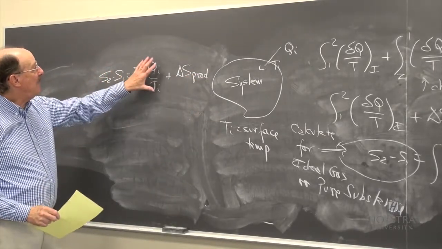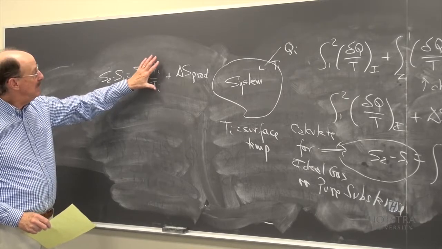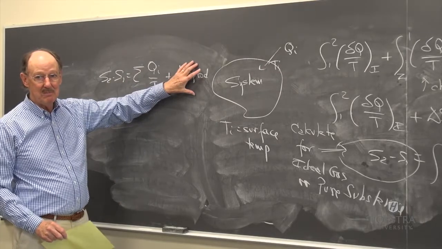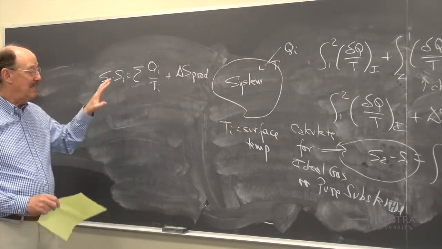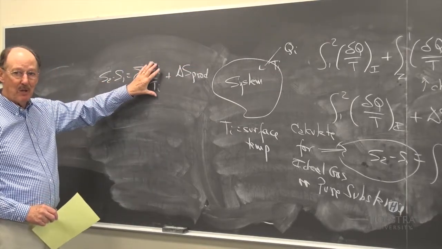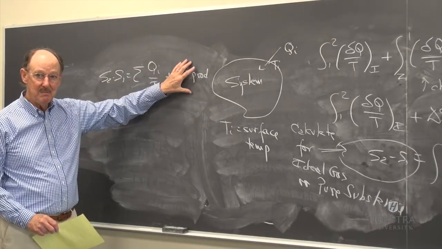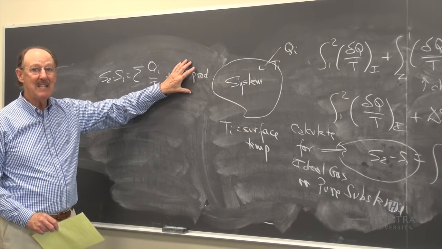So if I don't have any heat flow, the change of entropy is equal to the entropy production. Let me say that again. If there is no heat flow, then del S is the entropy production. It's that simple.